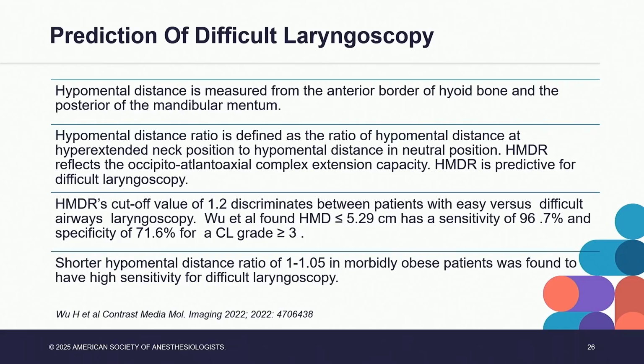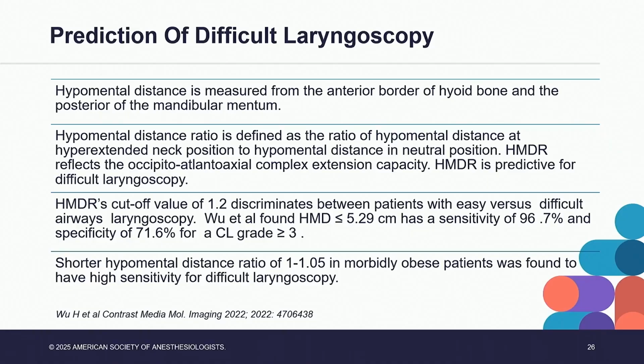Number one is hypomental distance, measured from the anterior border of the hyoid bone to the mandibular mentum. The hypomental distance ratio is defined as the ratio between the hypomental distance in the hyperextended neck position to the hypomental distance in the neutral position, and it's called R1, hypomental distance ratio 2.